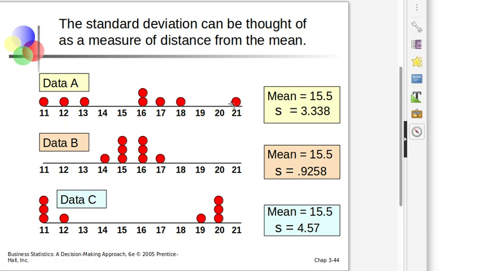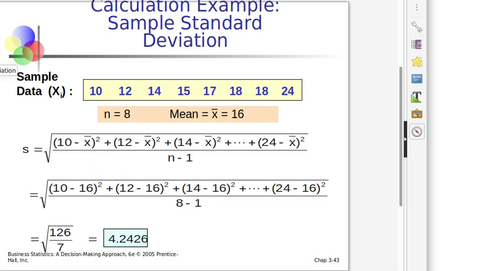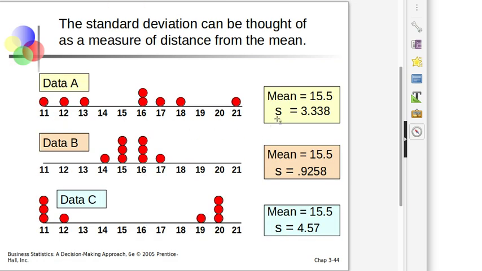The mean of those, if you add all this, is 15.5, and the standard deviation using this formula here is 3.338.